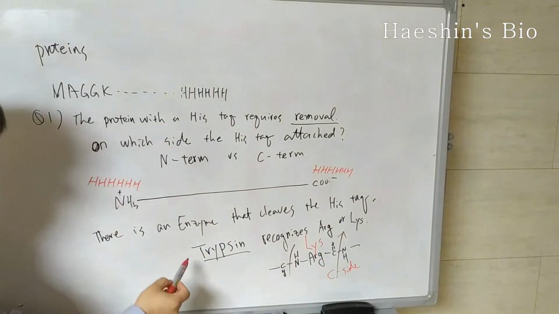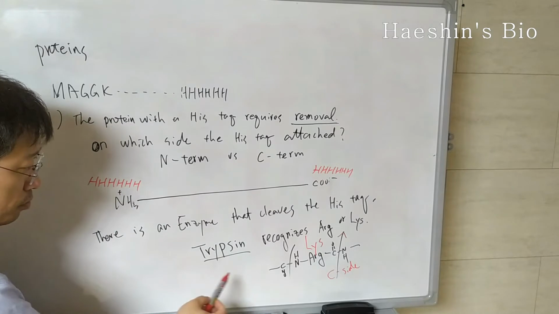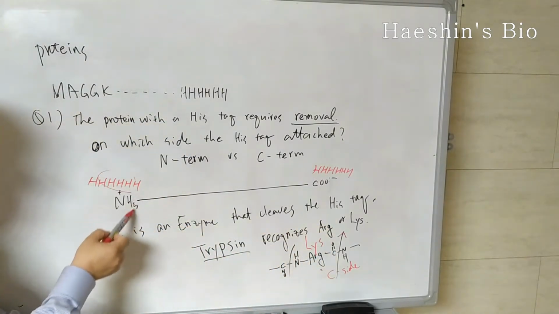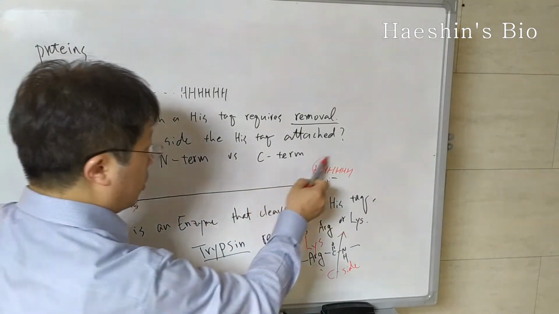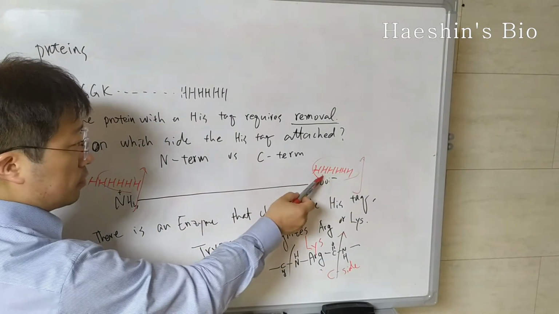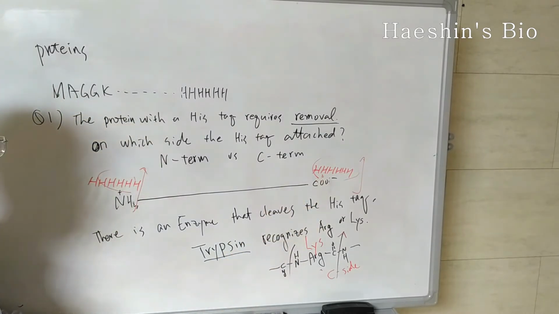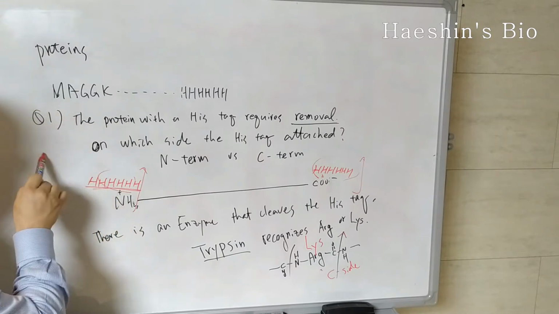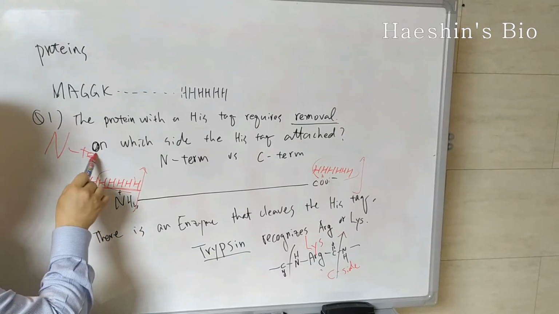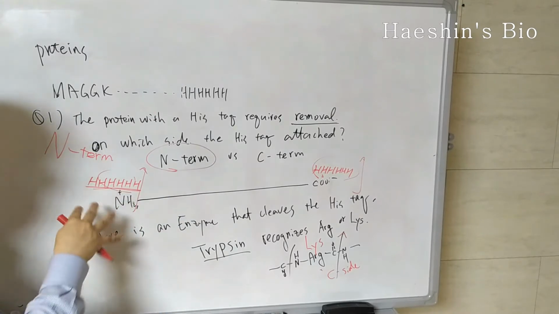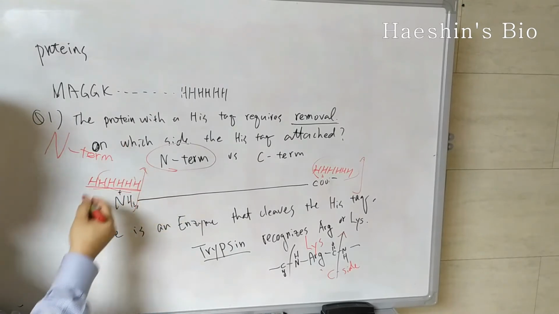And then you apply the same principle of trypsin, which recognizes things and then cleaves. Right? So then this one actually cannot be cleaved. This leaves a remaining histidine tag on the backbone. So it has to be the N-terminus. The answer is actually the N-terminus. So it has to be recognized and then cleaved.